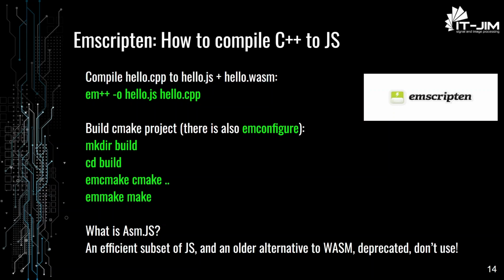You may have also heard about ASM.js. What is ASM.js? It's an efficiently optimized subset of JS, and it is an older alternative to WASM. It's deprecated nowadays. You should never use ASM.js without a good reason. Use WASM instead. Next slide, please.